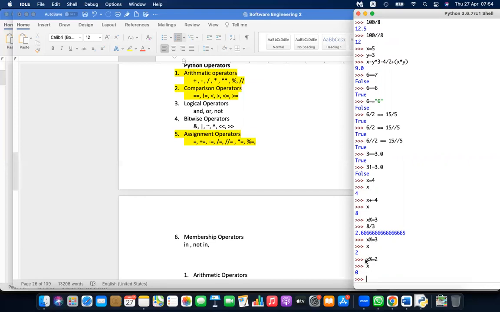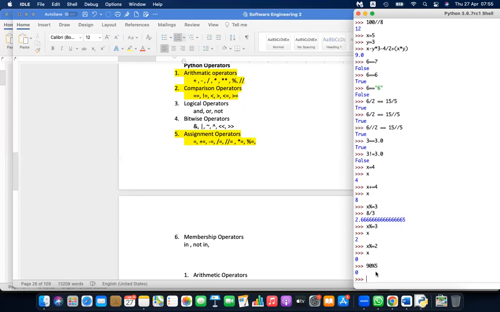Okay, tell me the answer for this. 90 modulus 5. Don't type. Without typing, can you tell me the answer? 90 modulus 5. 0.